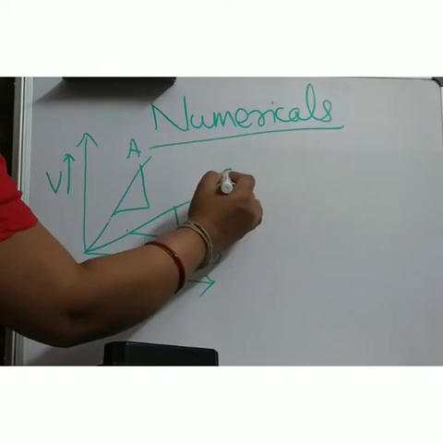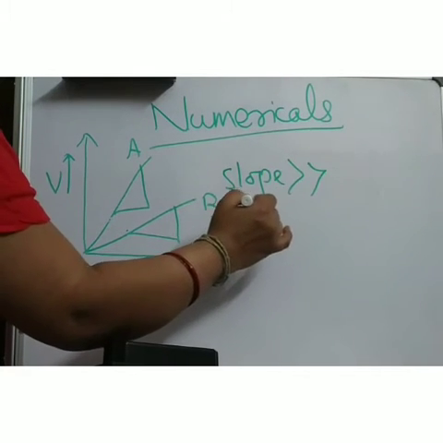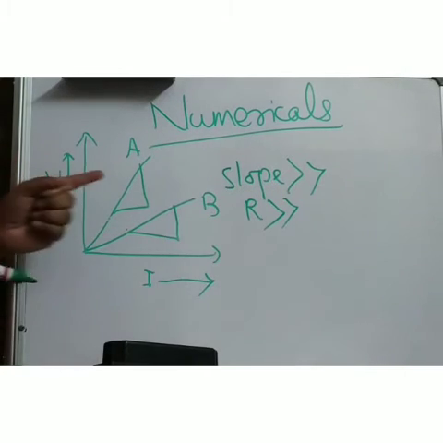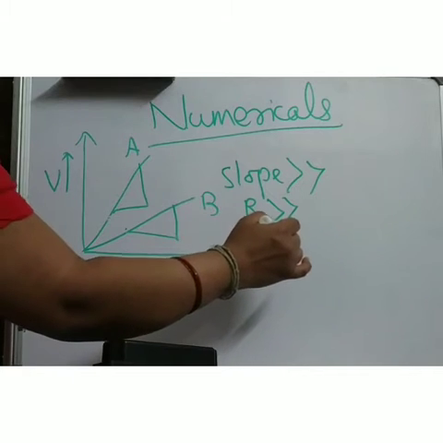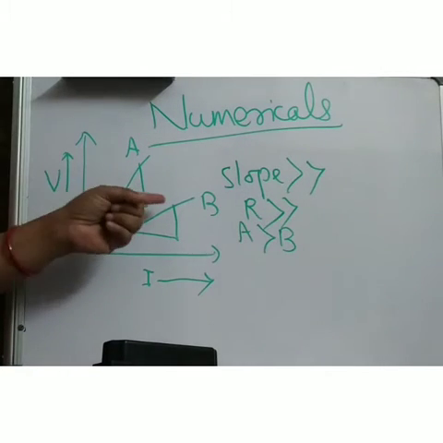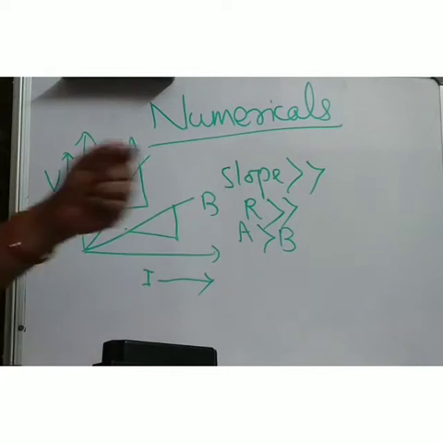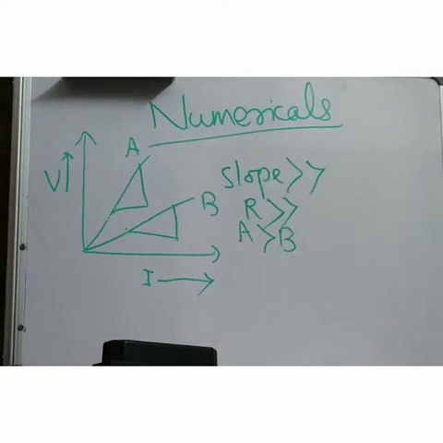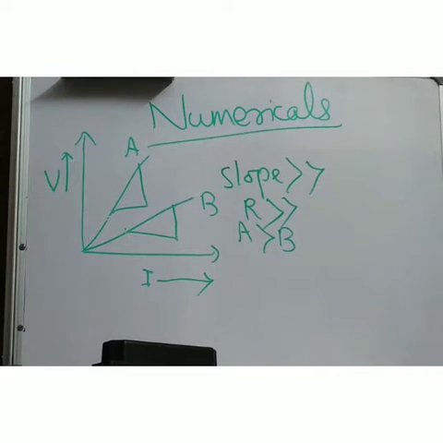So slope is more means your resistance is more. Definitely here the slope of A is greater than B. So the resistance of wire A is greater than the resistance of wire B. And in the last class we discussed that resistance depends on the nature of the material if length and thickness are the same. In the question it is given that both length and thickness are the same.